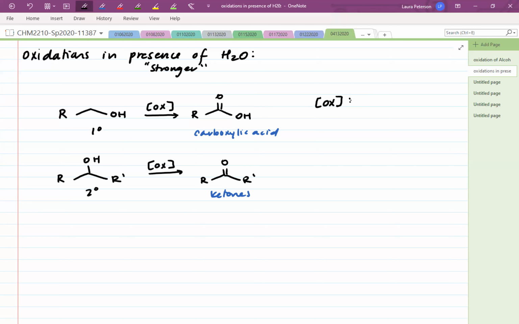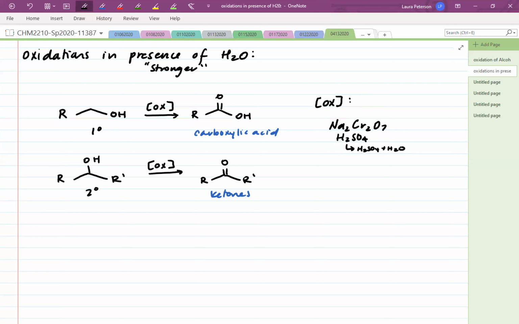So the first one is dichromate. So this could be sodium or potassium dichromate. And we run this in the presence of H2SO4, which, remember that H2SO4 really is a solution in water. So you can read this as H2SO4 plus water.